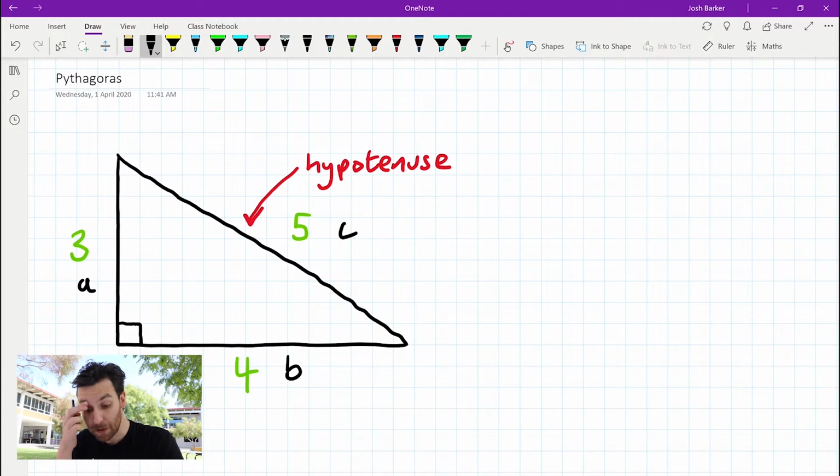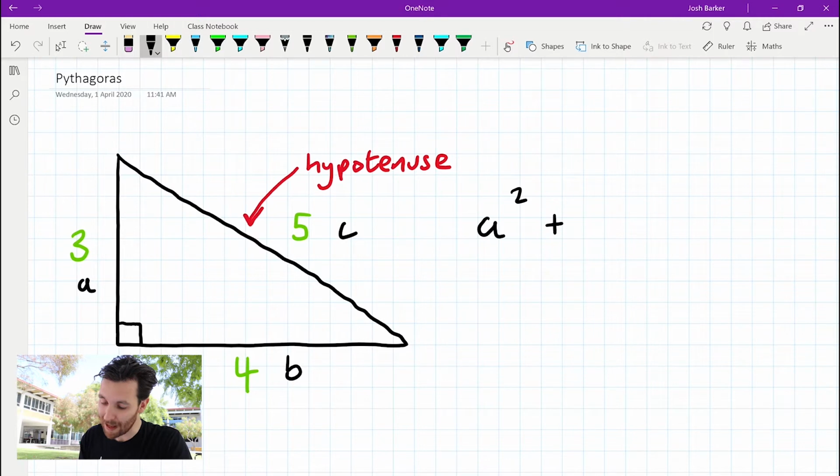Anyway, Pythagoras was an ancient Greek philosopher, mathematician sort of guy. He's got a lot of discoveries attributed to his name in mathematics, music, astronomy, that kind of thing, but is most famous for coming up with Pythagoras' theorem, which is what we're going to do today.